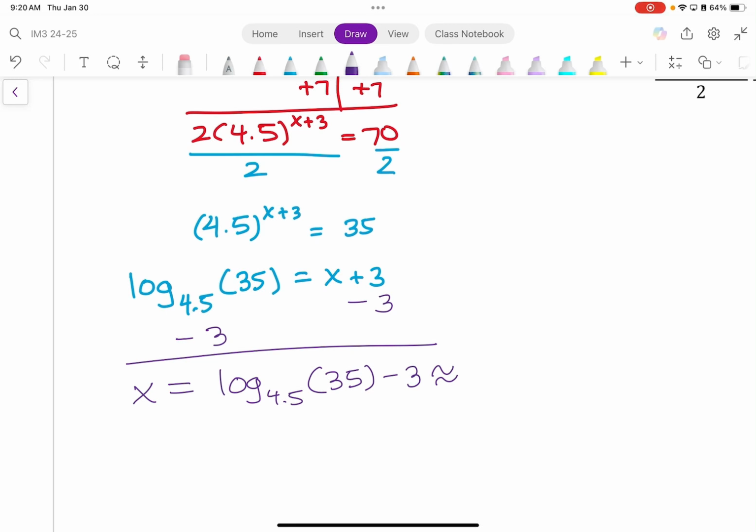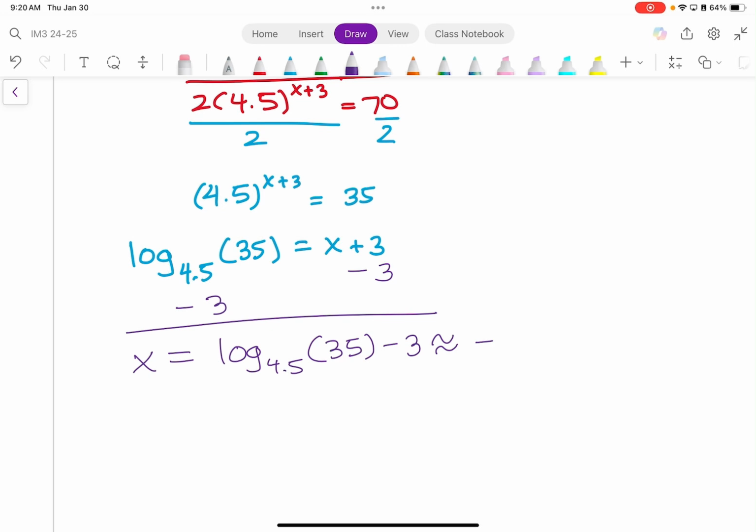Okay. And then we can go ahead and try putting this into the calculator. Go to math. Open log base 4.5 of 35 minus 3. It's going to give you negative 0.636.